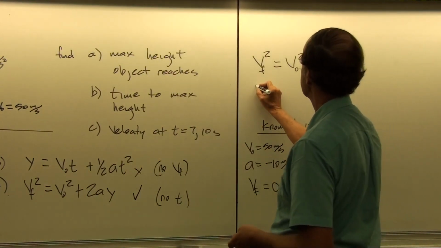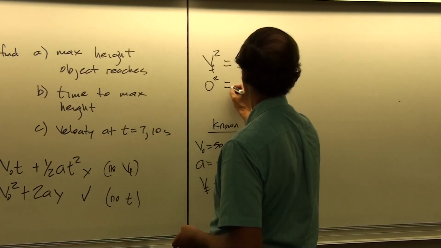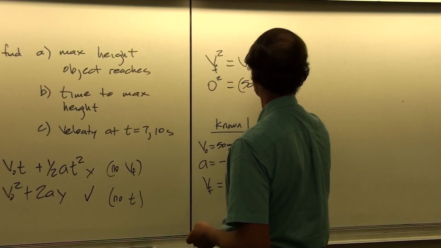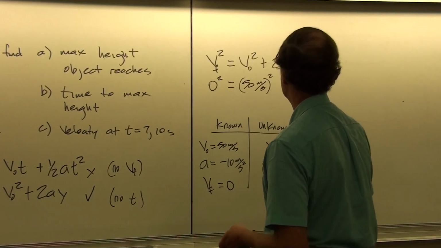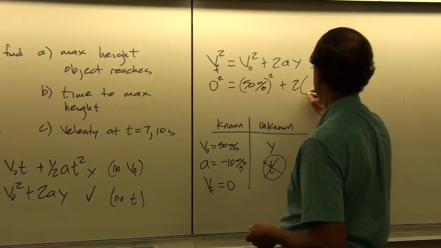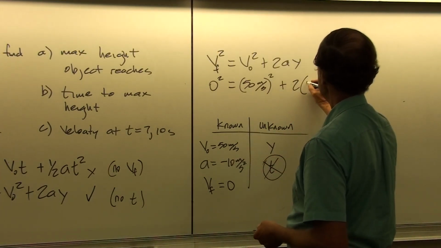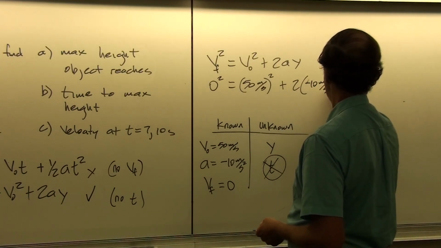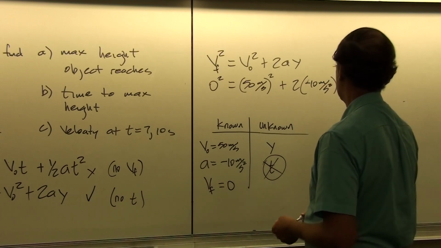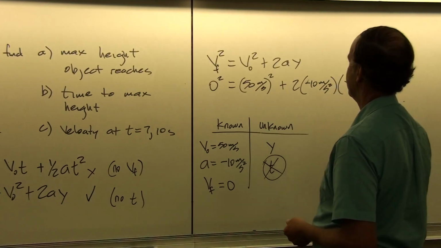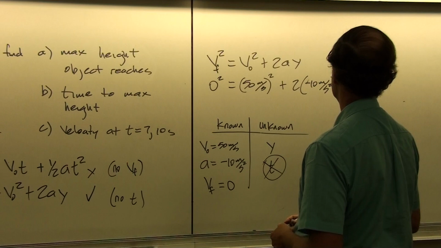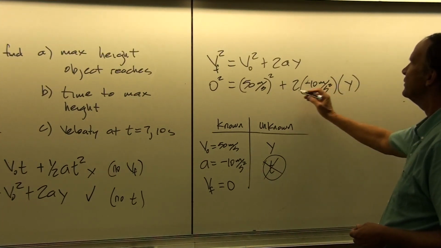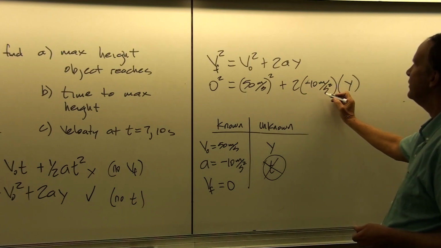All right, so V final squared is 0. V initial squared is 50. Should probably put in the units in this first step. Plus 2 times the acceleration. Now you plug in the minus 10 times y. So y is your unknown quantity. And this is minus 10 meters per second squared. In the first step, it's good to put in all your units.